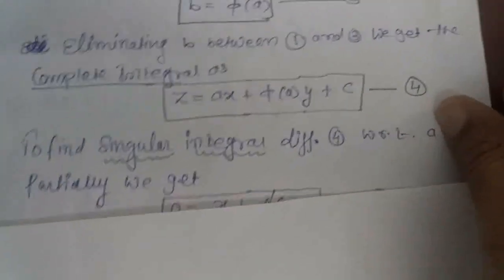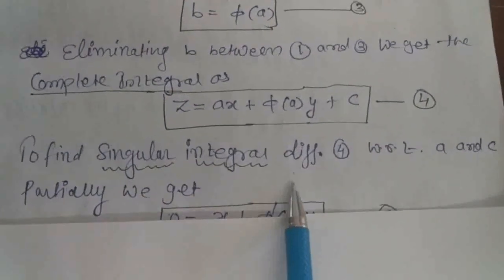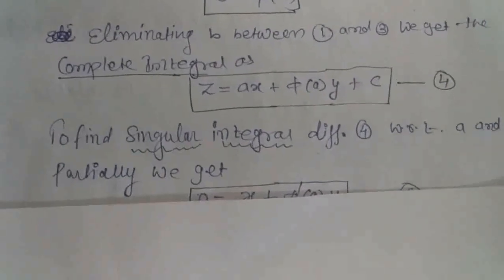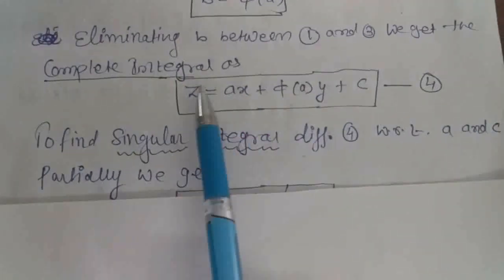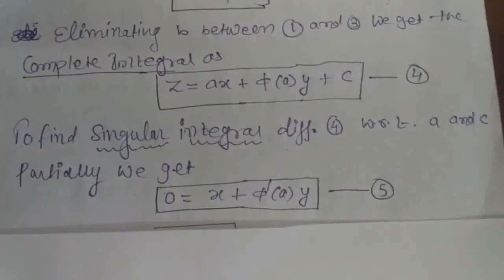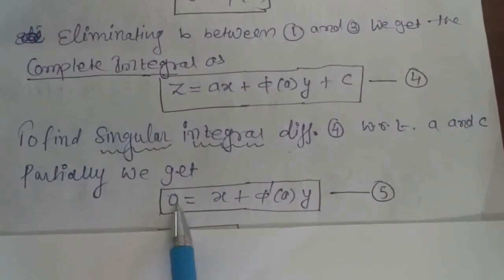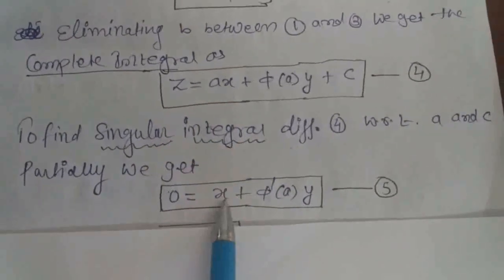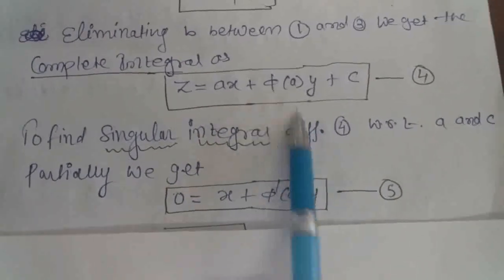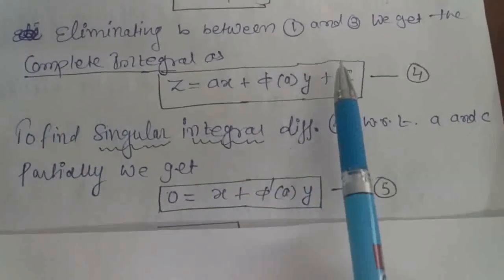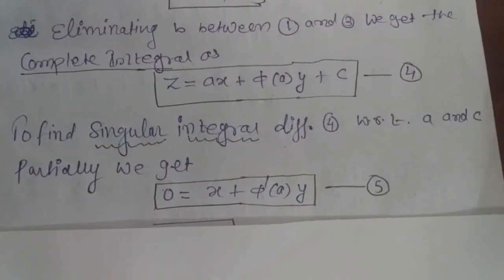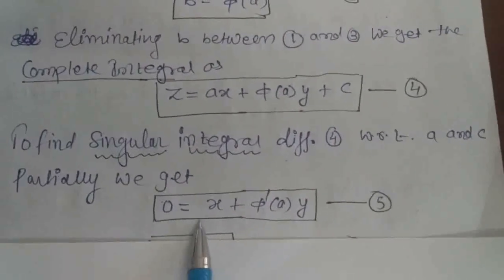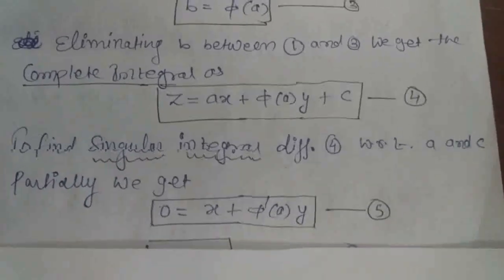With respect to a, the partial derivative of z is 0, the partial derivative of ax with respect to a is x, then φ'(a) y, as y is constant, plus c, whose partial derivative with respect to a is 0. So with respect to a, we get 0 = x + φ'(a) y.